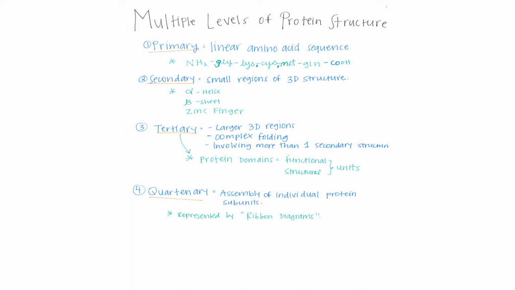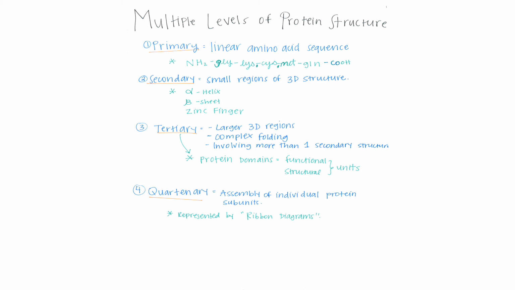And then, as I have written in green, tertiary structures often refer to protein domains, which we'll talk about not in this PowerPoint presentation, but in the next one coming up. And then there's quaternary structure, which we'll talk about a little bit later. Now, all these kinds of structures are represented by what are called ribbon diagrams.